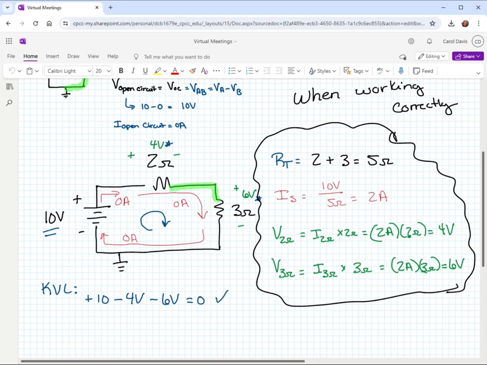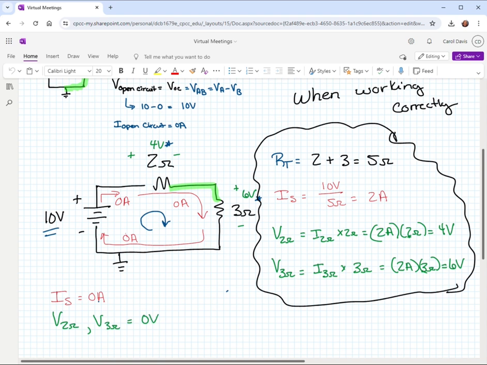All right, so let's look at what happens when we have the open circuit situation. How does that change things? Well, I sub S is 0 now because we don't have that path for current. That also means the voltage drop across the 2 ohm resistor and across the 3 ohm resistor has to be 0 volts as well.